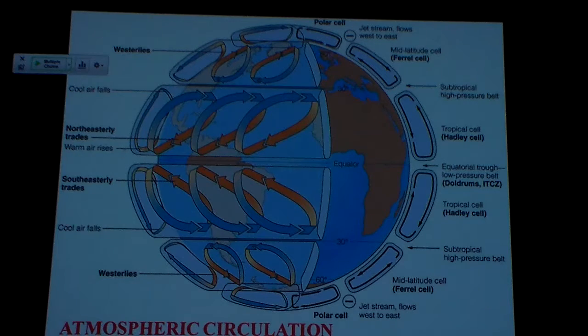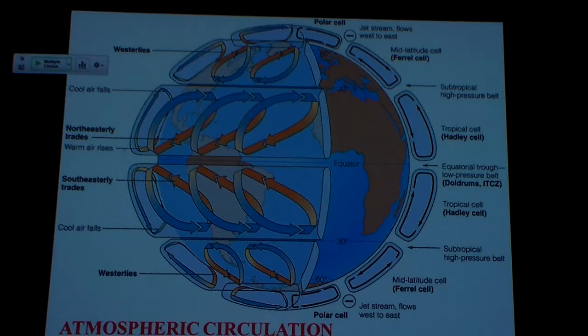The Hadley cell sets up basically west moving wind, from east to west. These are known as the trade winds. The Ferrel cells move air from west to east, and those bands are known as the westerlies, because that wind comes out of the west. We always name the wind after the direction that it originates from.